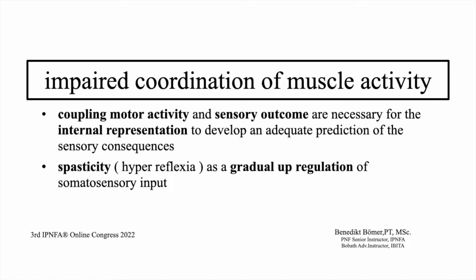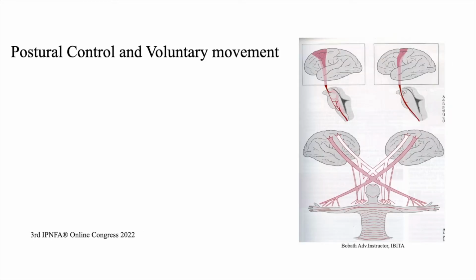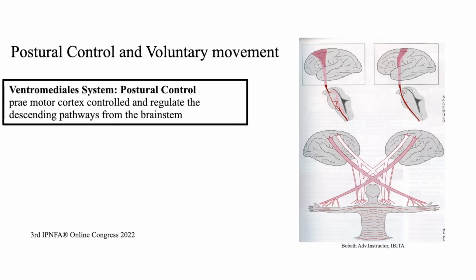To understand this hypothesis, we have to look a little bit at this system of posture control and how it's organized. For a normal movement, we need two systems. The ventromedial system, which has responsibility for posture control. The anatomic structure for this is the brainstem, which provides posture activities.